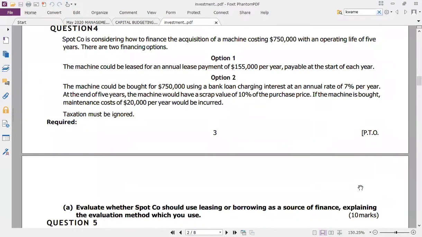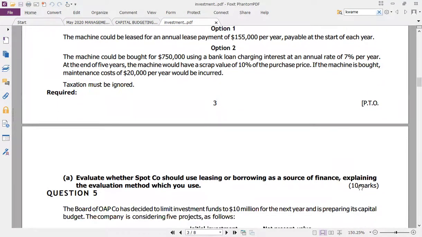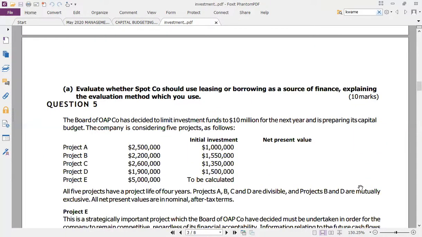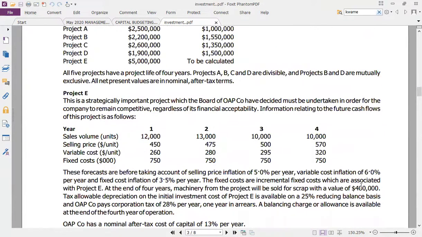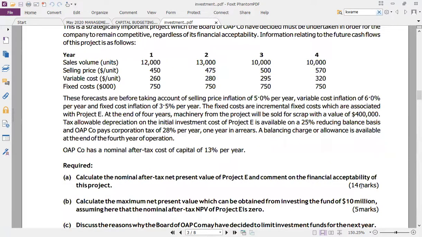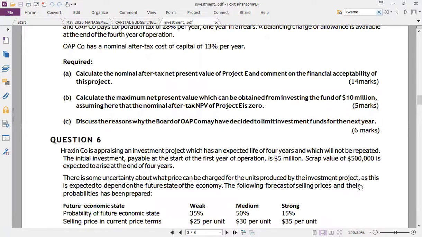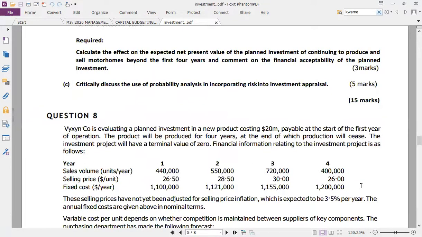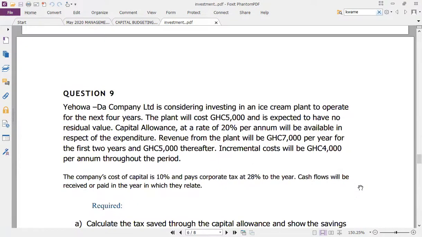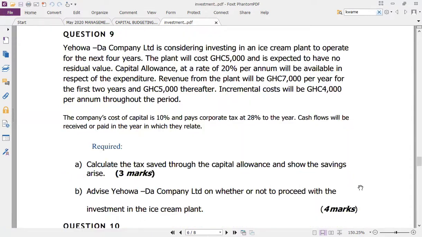Then question four is the lease or buy. Question four. Good. Then question five is capital rationing, so you can try that one for me. Then from there we jump straight to Yehuada Limited.